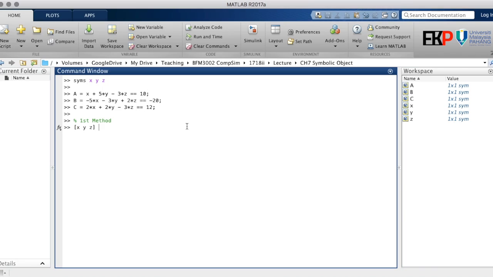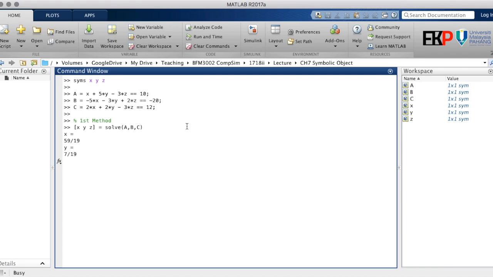That will be the output of this expression. So [x, y, z] equals solve of the expression names a, b, c.